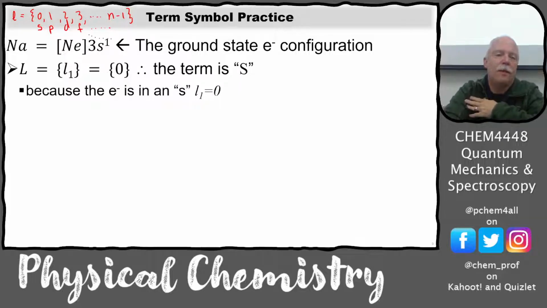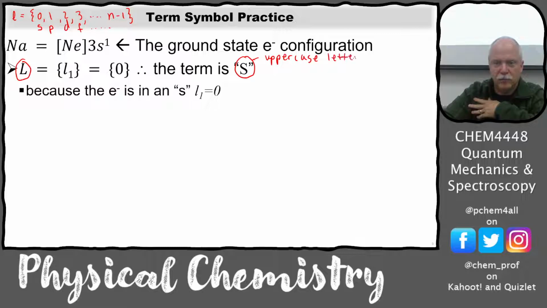Okay. When we get to capital L's, we have capital letters or uppercase. But we use the same scheme for giving us the capital or uppercase letters. These are lowercase.